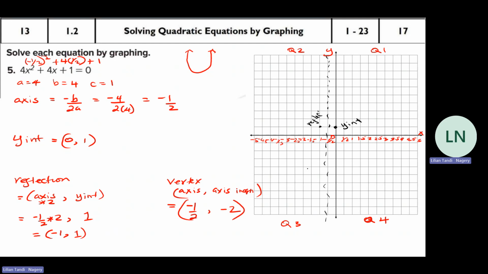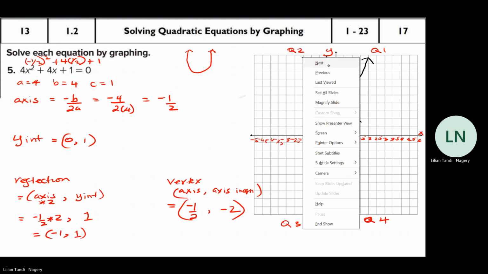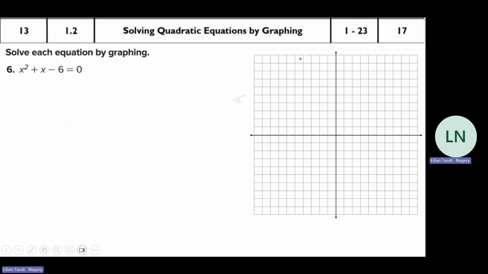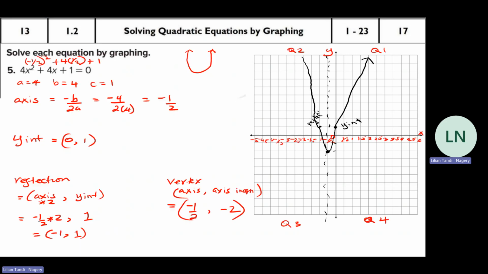Vertex is negative a half and negative 2. So here. So there are your 3 points together with the axis of symmetry. So your graph should be something like that. Okay? So you look for those 4 parts. Sorry, 4 parts. Okay?